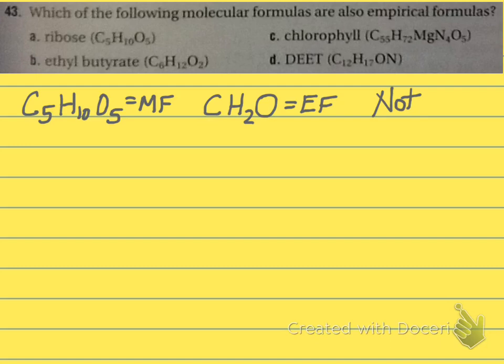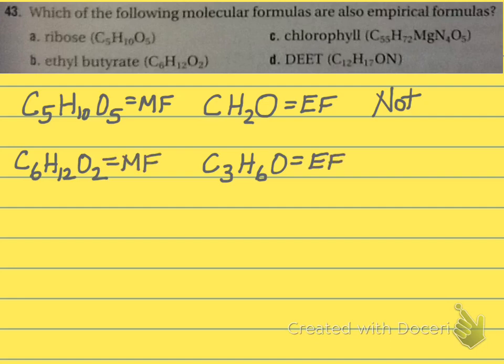Letter B, ethyl butyrate. So we have C6H12O2, and again the question is, can I reduce that? I can take a factor of 2, so it would be C3H6O. So this is the empirical formula, which means this is the molecular formula, and again the answer to the question is no, this is not also an empirical formula.